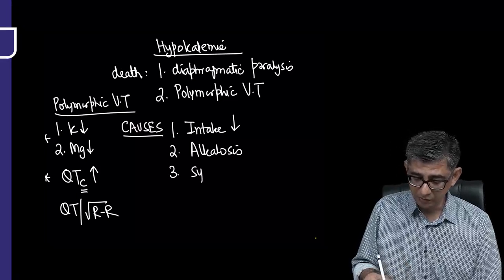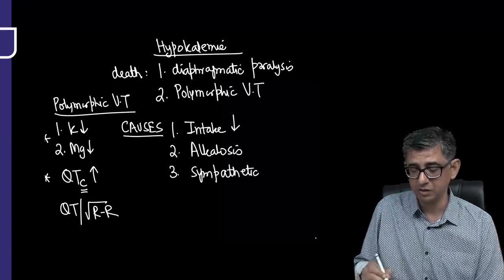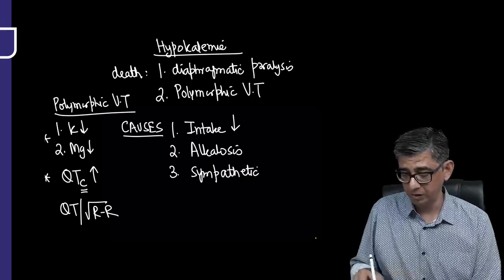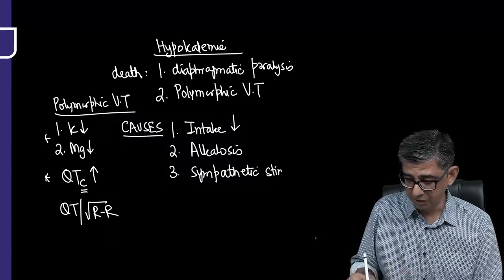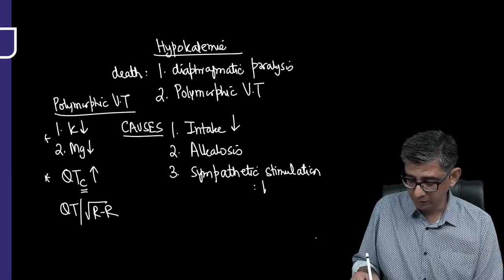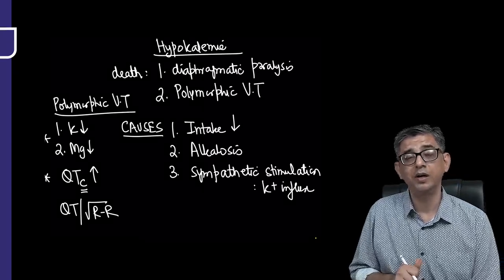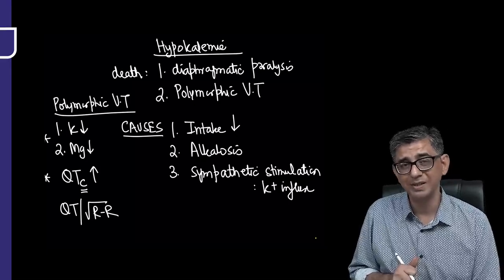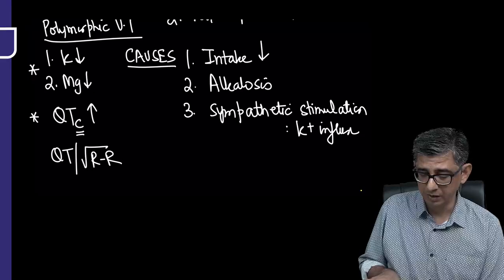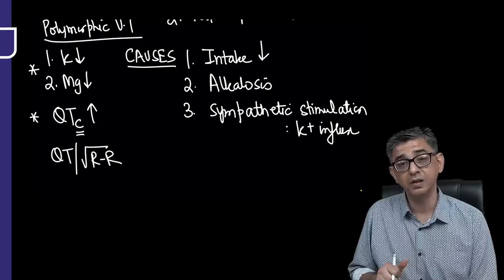The third reason for this would be any condition whenever there is an excess of sympathomimetic stimulation. Even sympathomimetic stimulation results in potassium going inside the cells. Sympathomimetic stimulation results in potassium influx. Like traditionally we read insulin drip contributes to potassium going inside the cells, but sympathomimetic stimulation, catecholamine in excess, also contributes to potassium influx in a patient.